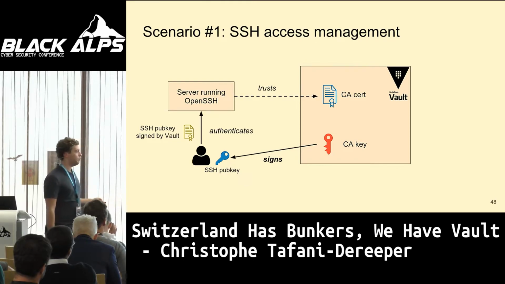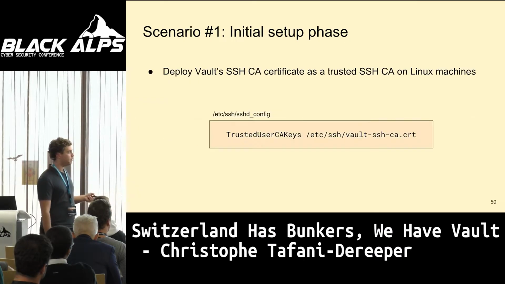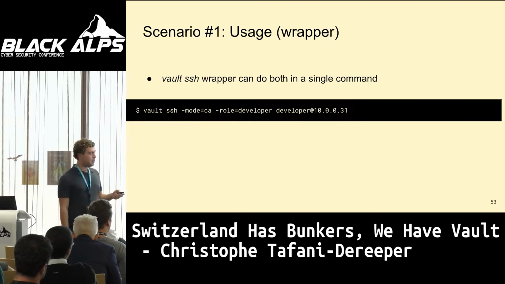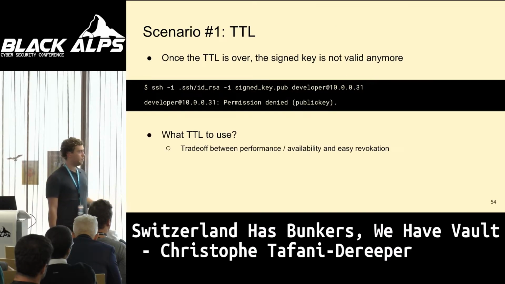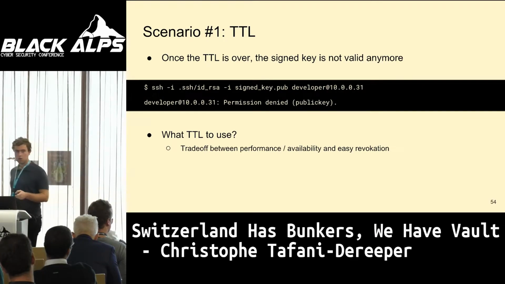But if you set a very low TTL, like 10 seconds, every time you want to connect to the machine, you need to ask Vault for a signature. So it really depends on the use case. If your users are rarely SSHing onto machines, it can be a good idea to set a low TTL. Otherwise, something like 1 day would be reasonable, I guess.